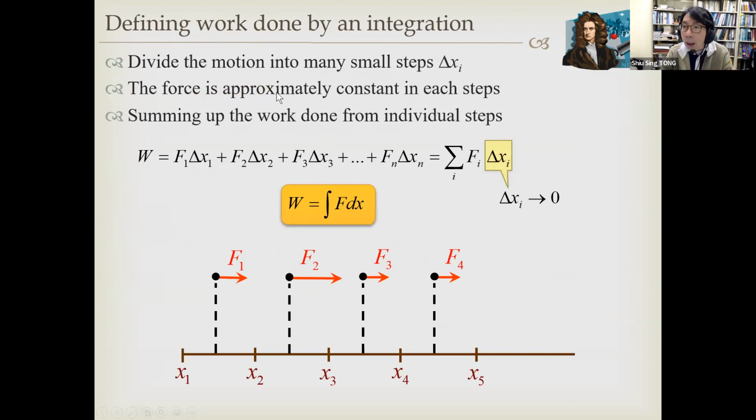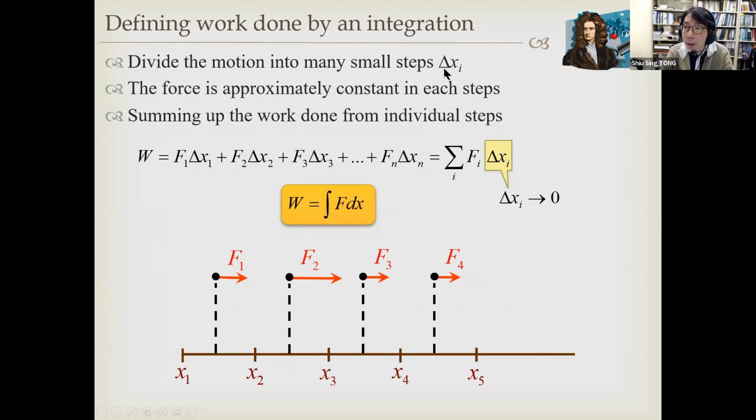Now, how to calculate the work done by a variable force? The answer is by doing an integration. We consider a motion along the x direction, which is a one-dimensional motion. We divide the motion into many small steps, and I call each of these steps delta x_i.